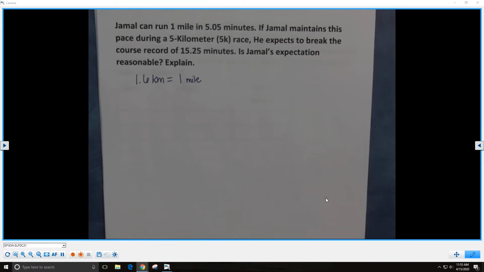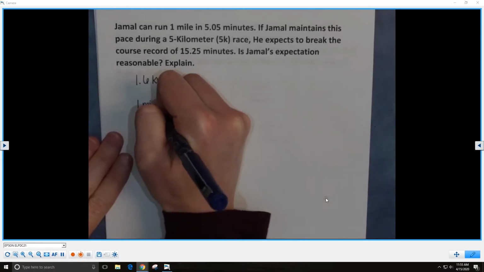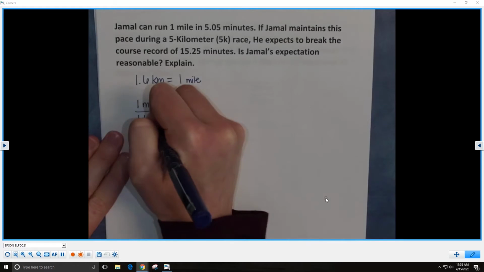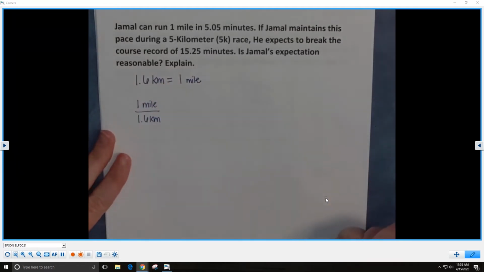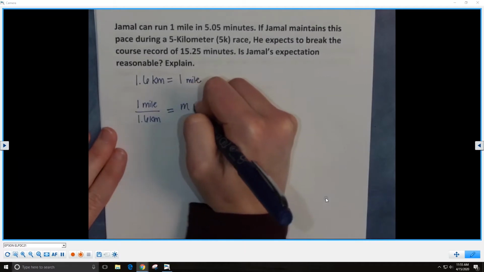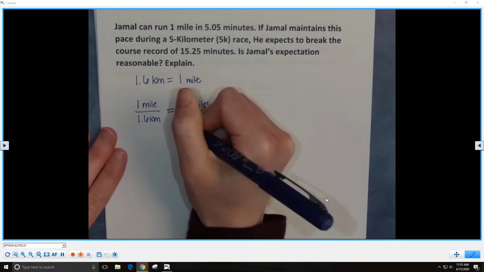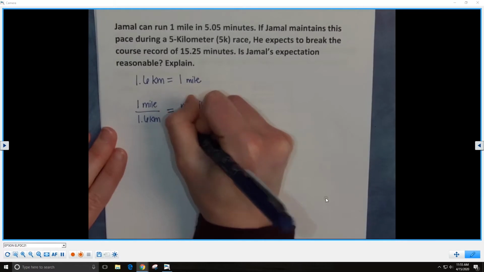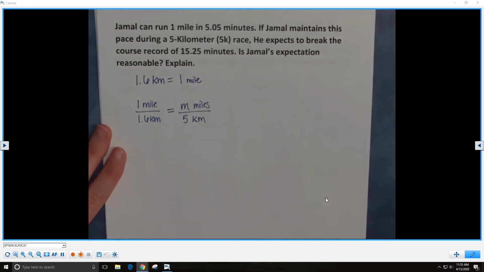You're right, proportions. So if we know that 1 mile is 1 6/10 kilometers, then we can figure out m miles in 5 kilometers. So there's our proportion.